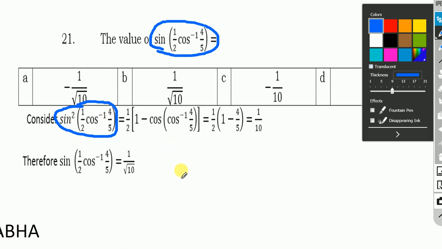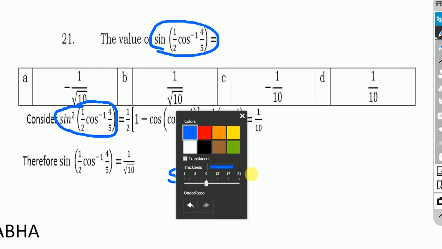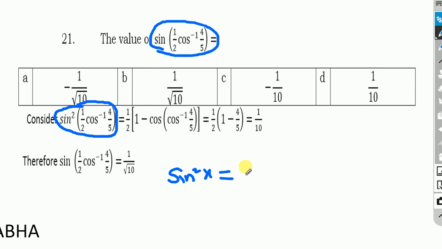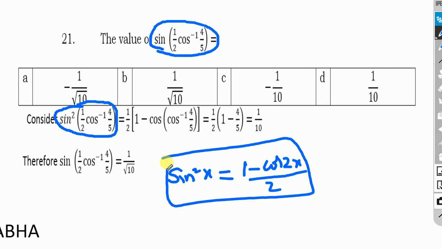We have the formula for sine square x in terms of cos as sine square x is equal to 1 minus cos 2x divided by 2. So sine square x by 2 is equal to 1 minus cos x by 2.